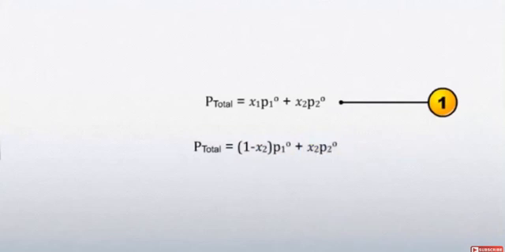Let this be equation 2. In the equation thus obtained, we can see that P total is a linear function of mole fraction X2 as P1 naught and P2 naught are constant at a particular temperature.